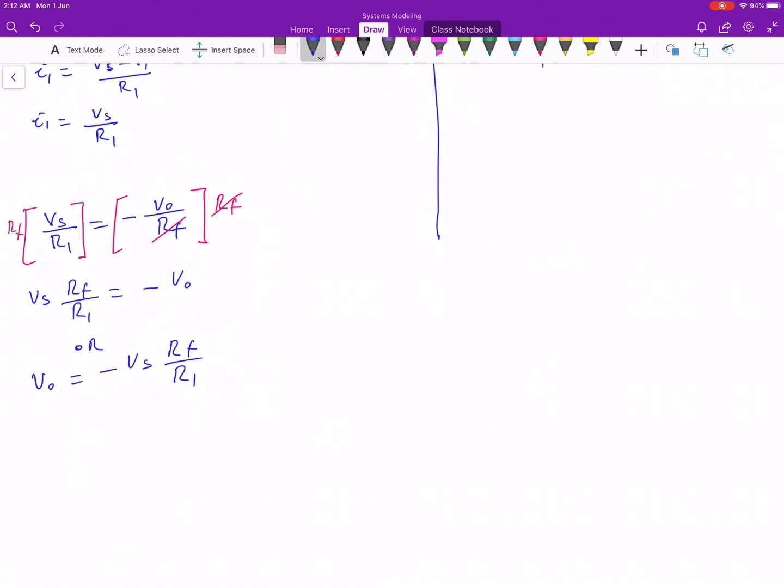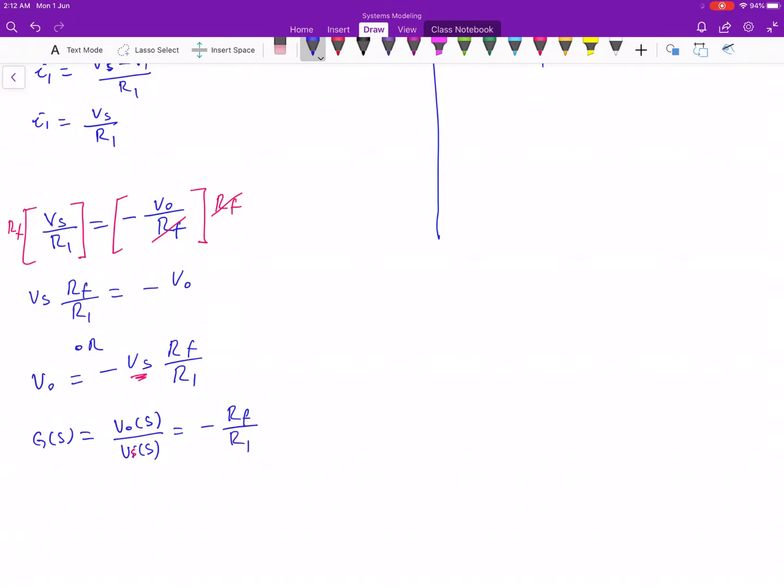We can say that G of S is equal to V0 of S, this is now in the Laplace domain, over Vi of S. The Vi of S, that's still your input voltage, which is the same as your supply voltage. I just rewrote it. You could have written Vs here, which is equal to minus Rf over R1.